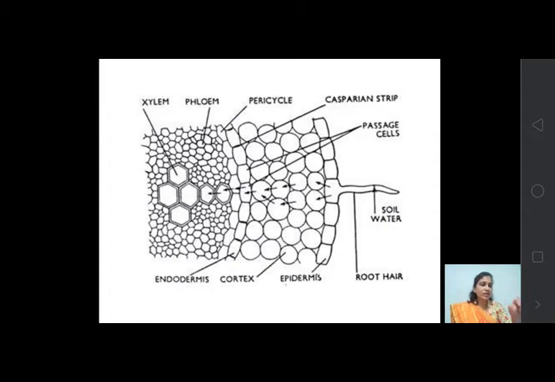Next to the epidermal cells there is the cortex tissue. This water goes to the first cortex layer, then from the first cortex layer to the second, then third, then fourth. How many layers depends on how many layers are present in the cortex region.